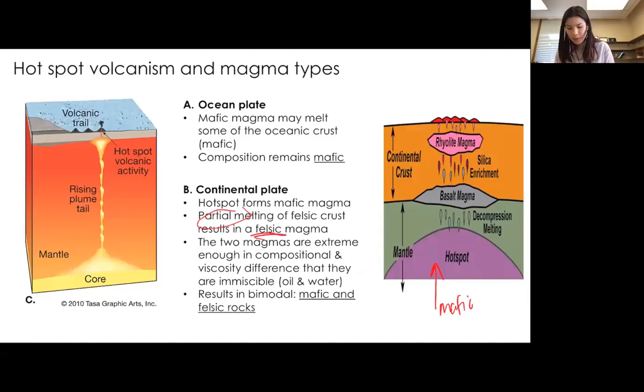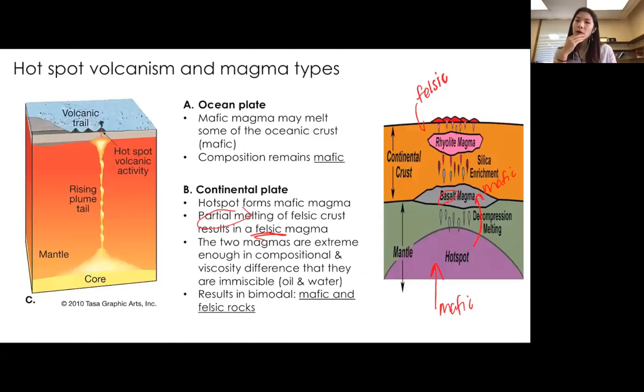Towards the top here, we may have some felsic magma, and rhyolite is a type of felsic rock. So when you see rhyolite magma, that just means a felsic magma. But we have continued magma rising up from the hotspot, and that's going to be mafic. Basalt is a type of mafic rock.